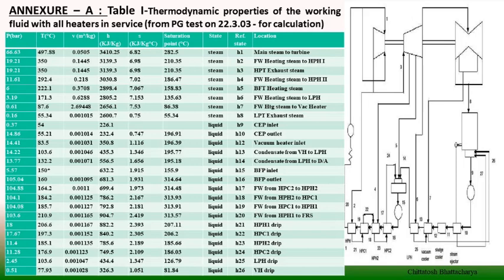So this efficiency calculation is based on thermodynamic properties of the working fluid with all the heaters in service, and considering that all the parameters are as per available conditions without checking the calibration of the individual measuring instruments.